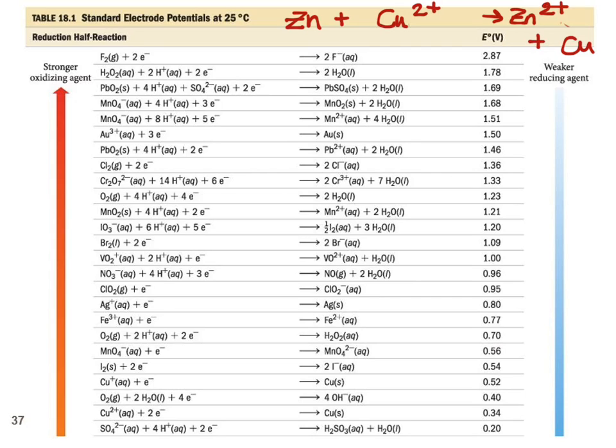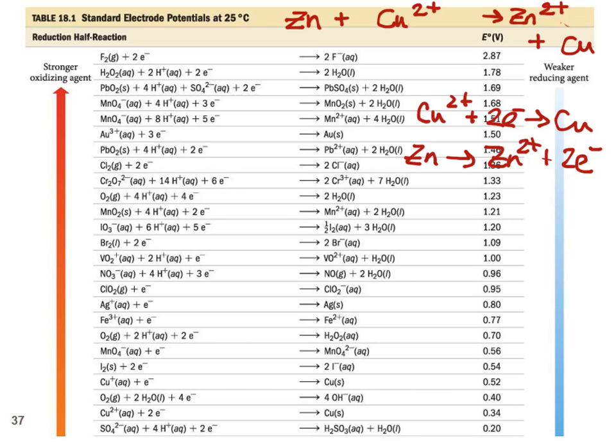I don't really have much room anywhere to write stuff here, but we've got these two. We've got copper, and we've got zinc going to zinc 2 plus 2 electrons. Did copper take the electrons? Yes, copper took the electrons. So this is written as a reduction.